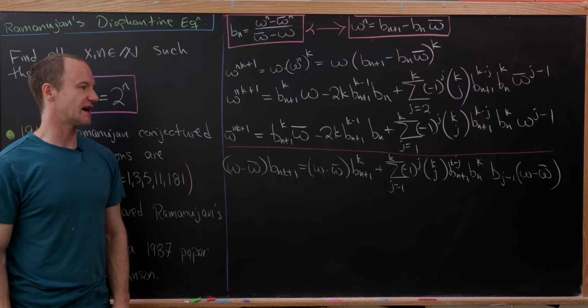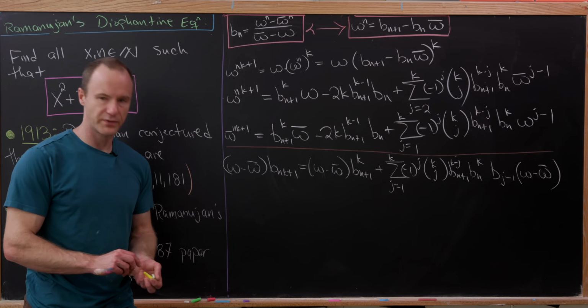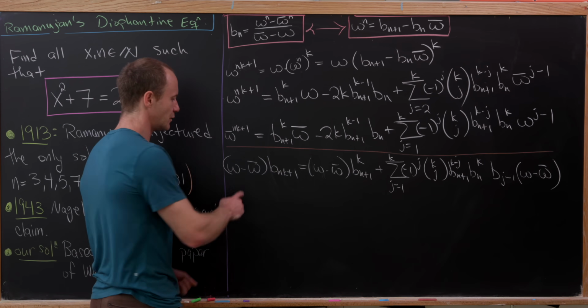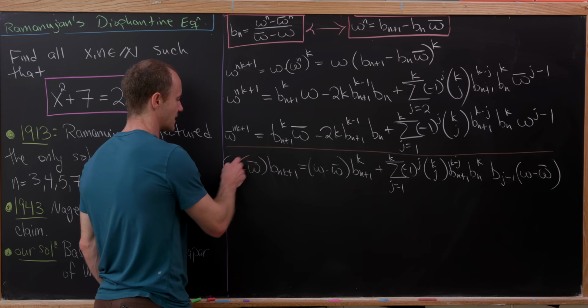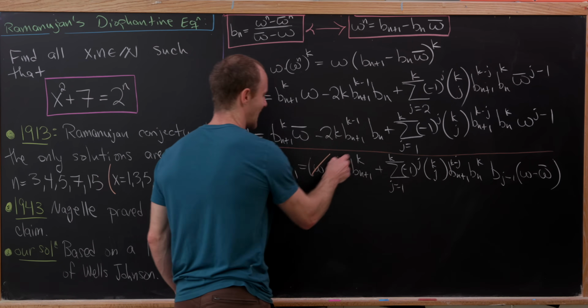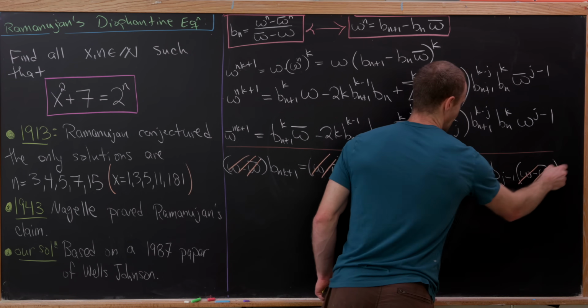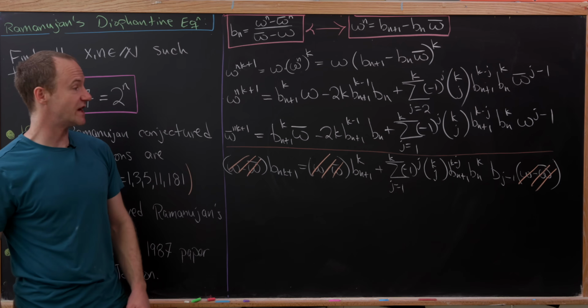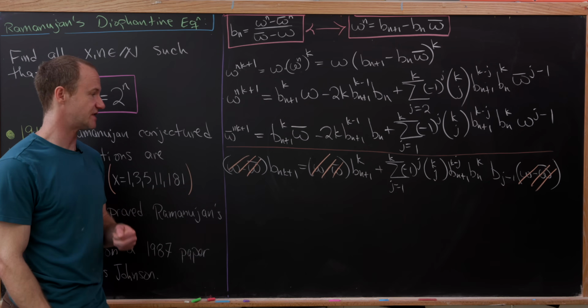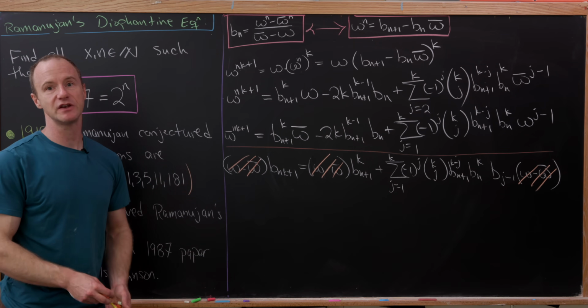So we've got this nice expression right here. Oh, but now look at this. We've got this factor of omega minus omega bar everywhere, so we can divide that out. And then we're left with an equation that only involves integers. So let's see what we can do with that equation.